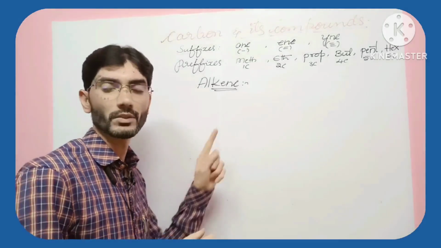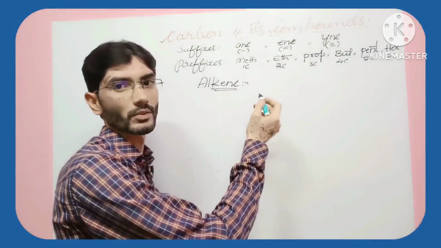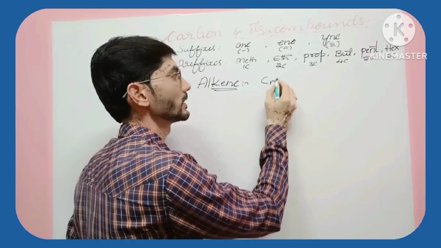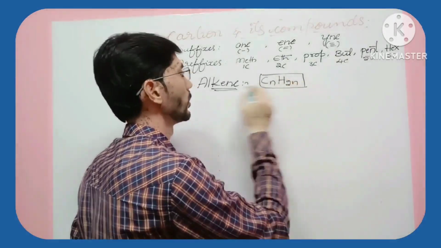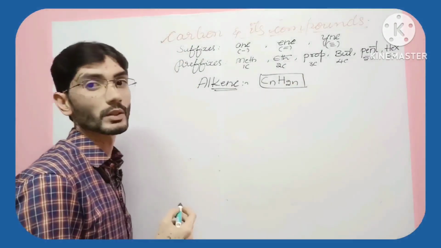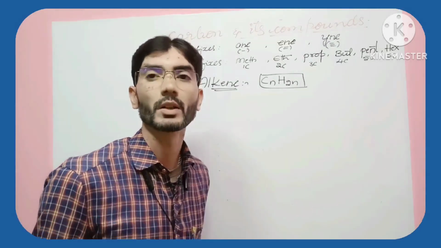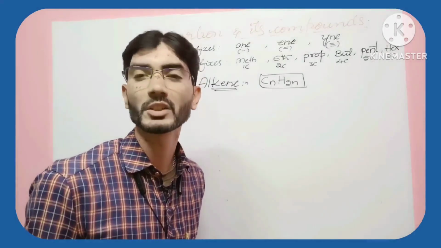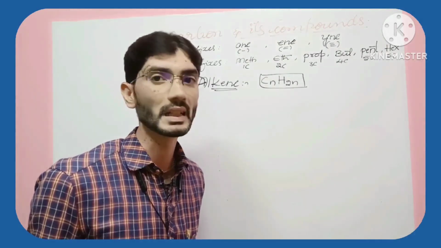Now the alkene family, the second family, and here the general formula also we will write: CnH2n is the general formula of alkene. And here one thing you need to remember. In the alkane family, the first member is the simplest hydrocarbon, which we call methane.